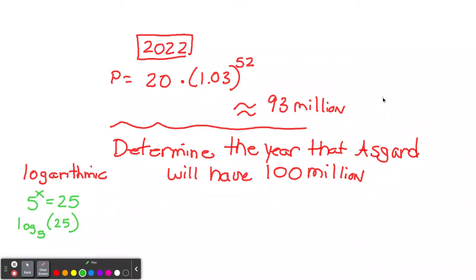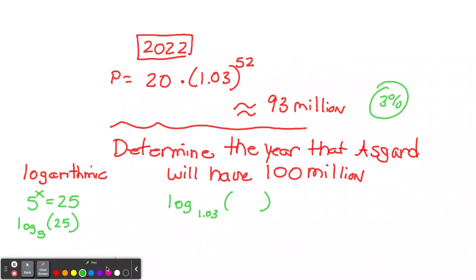We know the percentage was a 3% growth rate, so just like we did here, log, the base is 1.03, and we want to know when it will be 100 million.